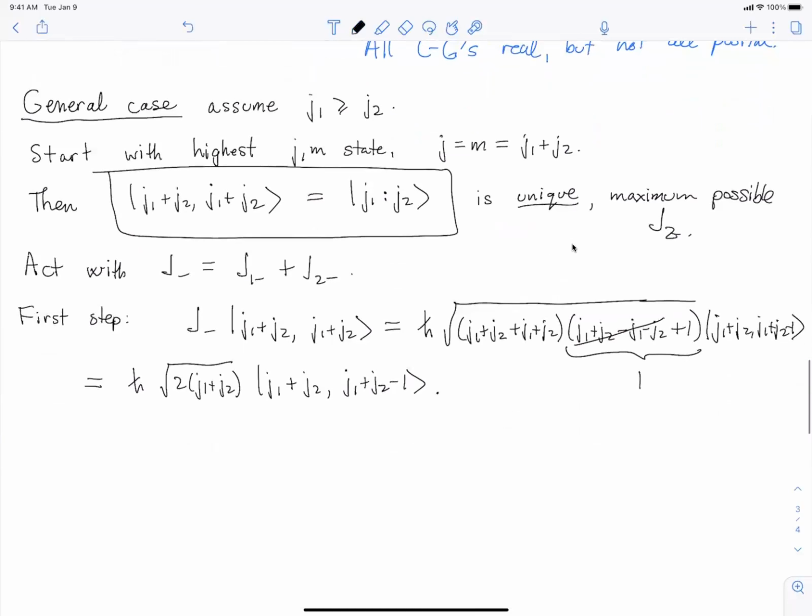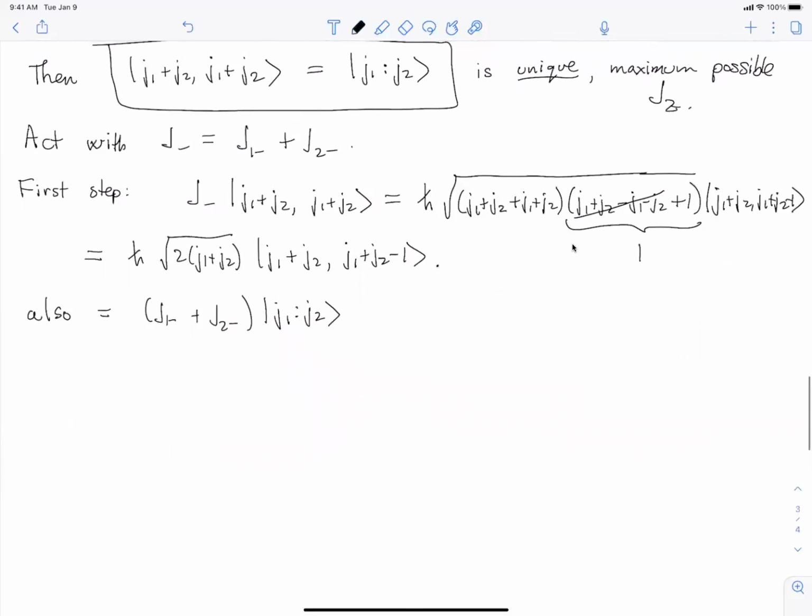Okay, so that's also equal to J1 minus plus J2 minus acting on the right-hand side of the boxed equation, which is |J1, J2>. The idea is we're going to compute this in a slightly different way and make the two agree.